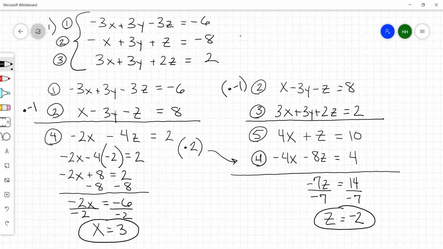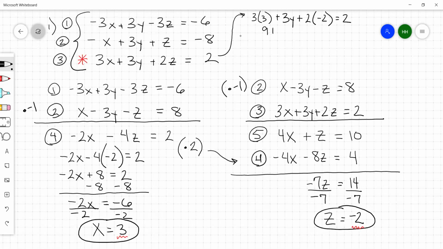And now I have to go back to an equation that has all 3 variables. So I'm going to go back to equation 3. And I'm going to substitute the x equals 3 and the z equals negative 2, and I'm going to solve for y. So right up here, I got 3 times 3 plus 3y plus 2 times negative 2 equals 2.